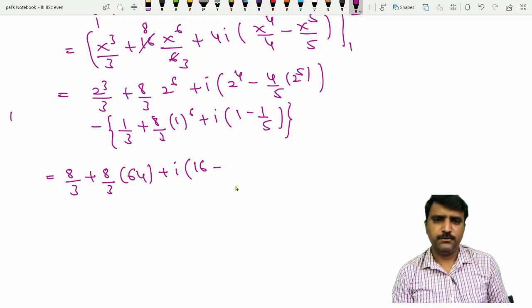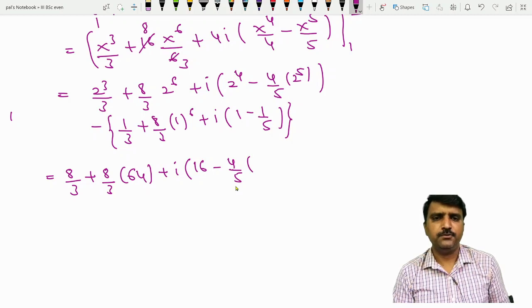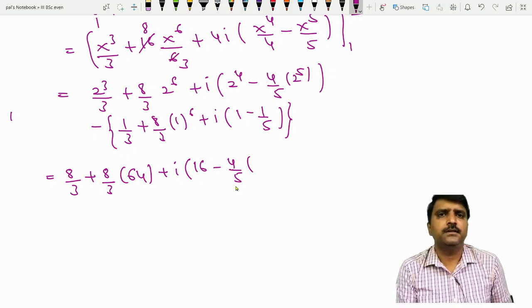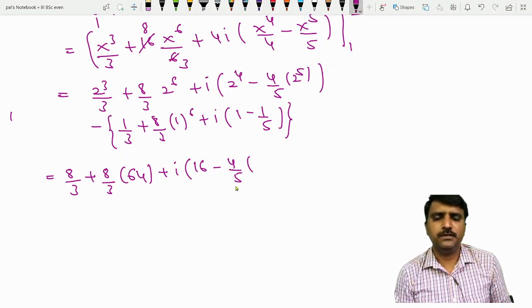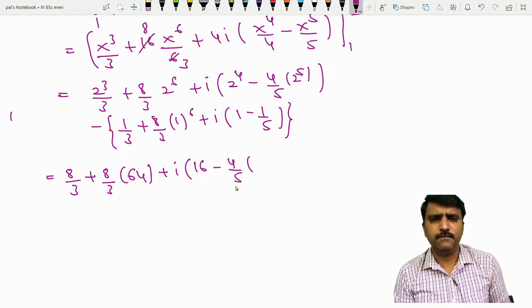It is the value of 2 to the power 5. 4 by 5 into 2 to the power 5 is 2 eights 16, 16 twos 32. Or you can multiply this completely and write the solution. Okay, close bracket.